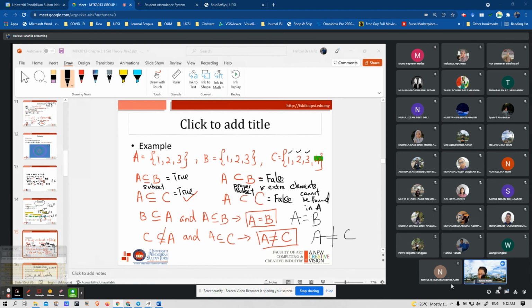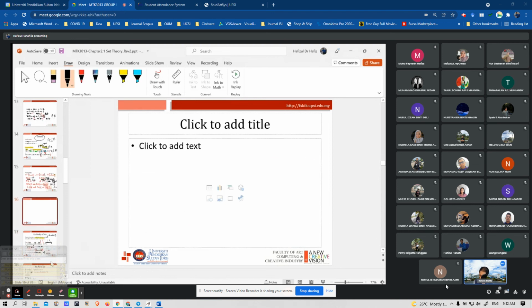We have another example. Here we have A {1, 3, 5}.